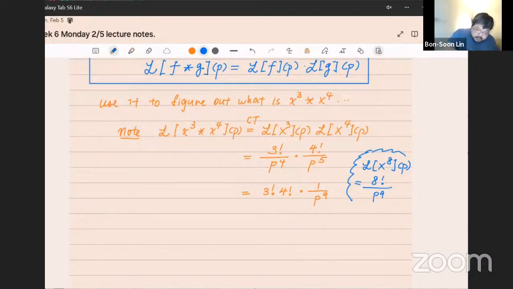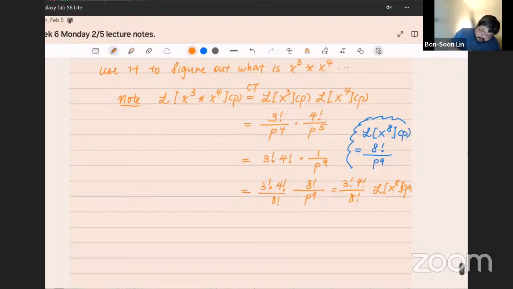That's what it transforms from. So again, I can just make my life easier. This is 3 factorial times 4 factorial divided by 8 factorial, times 8 factorial over p to the 9th. So we see that this is 3 factorial, 4 factorial over 8 factorial, times the Laplace transform of x to the 8th.